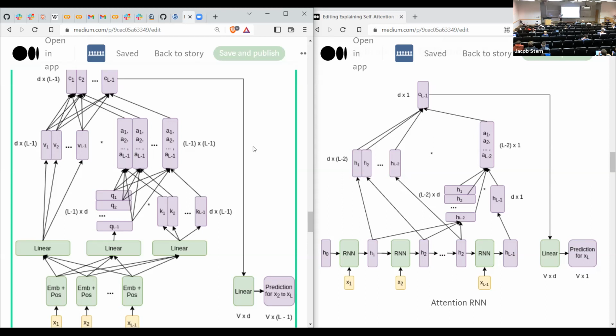Why is that? I'll tell you that the answer has to do with following the arrows. If you follow the arrows, you can figure out why we have more, and also the dimensions of these matrices. You can figure out how we get more context vectors and what those correspond to.